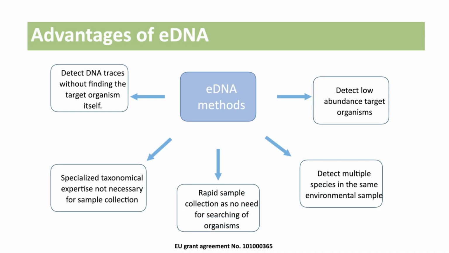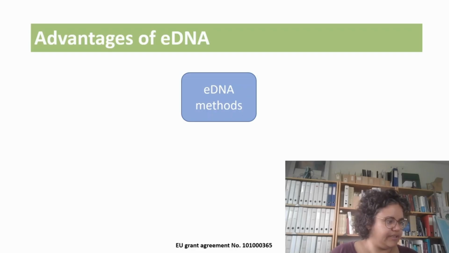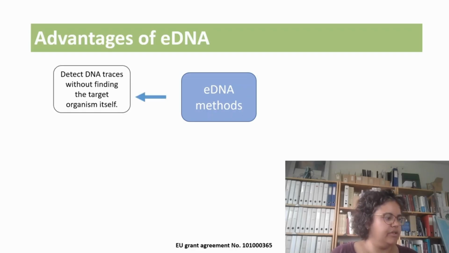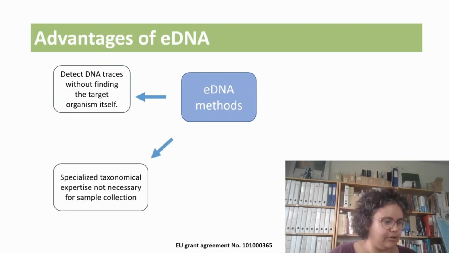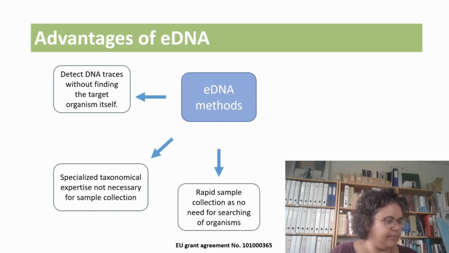There are several advantages of using eDNA methods for snail-borne parasite monitoring and in general. The methods detect DNA traces without finding the target organism itself. Therefore, specialized taxonomical expertise is not necessary for environmental sample collection as it is for snail surveys. And samples can be collected rapidly and also often cover a larger geographical area.